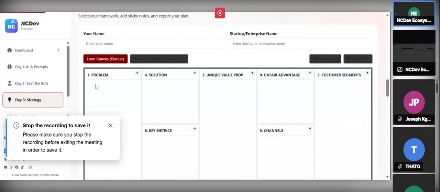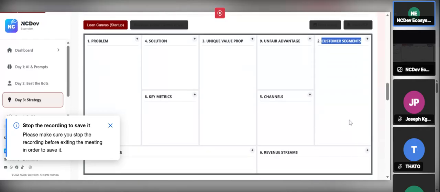So yeah, this is actually wrong. We should actually start with the customer segments. Because first, we need to identify the customer segments and identify who you are targeting, right?